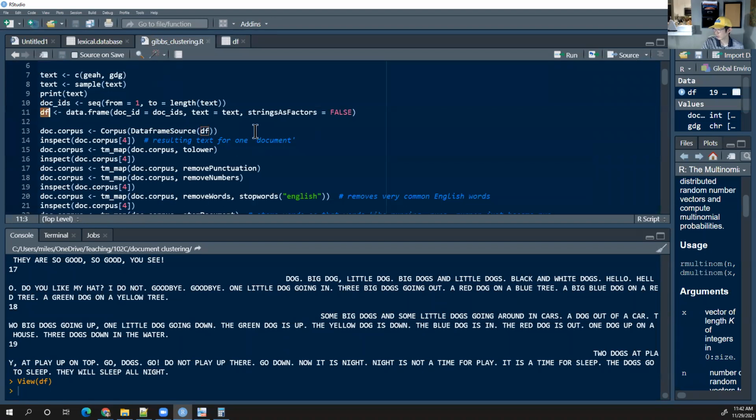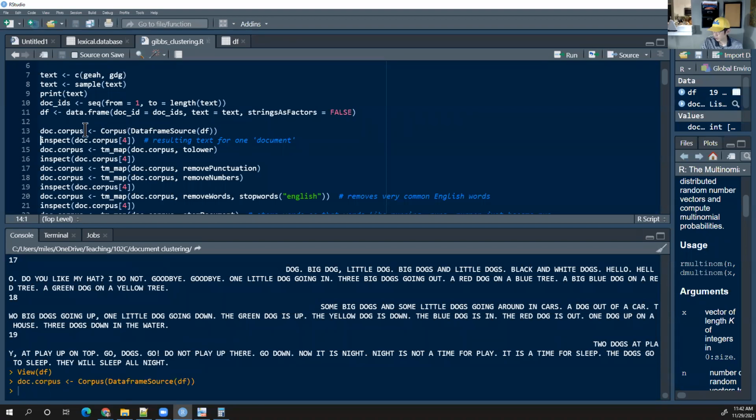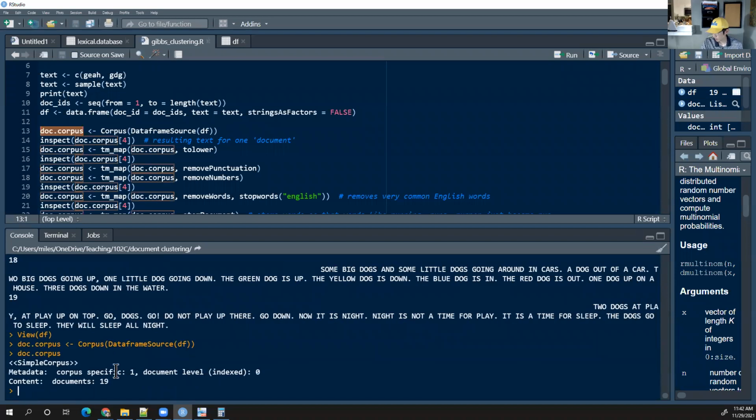And we want to sort these. So one thing is we're going to create a corpus based off of this data frame. This creates a structure called simple corpus.